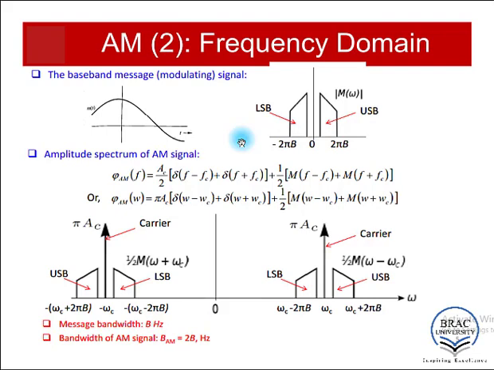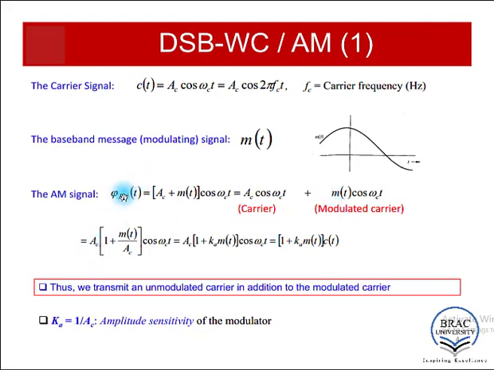One is simply the carrier signal, which has an amplitude of Ac and frequency of omega c, which is actually 2 pi times fc. Another part is the modulated carrier, or the multiplication of m(t) and cos omega c t. As you know from the properties of Fourier transform, to obtain the frequency spectrum of this signal, we have to individually add the Fourier transforms of these two signals.